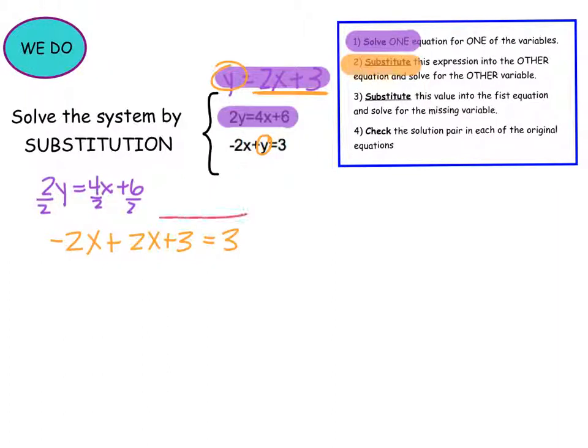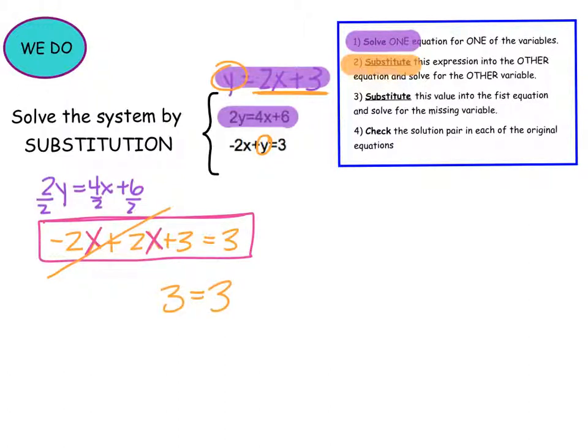Notice at this stage we want to check to make sure we only have one variable. I only have x's, so I did my substitution correctly. Now I'm going to combine like terms, and I have minus 2x plus 2x. Well, that cancels, and so I end up with 3 equals 3.